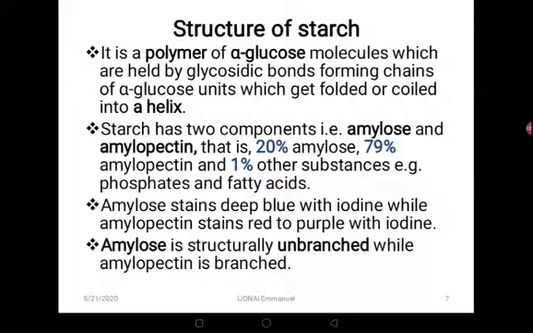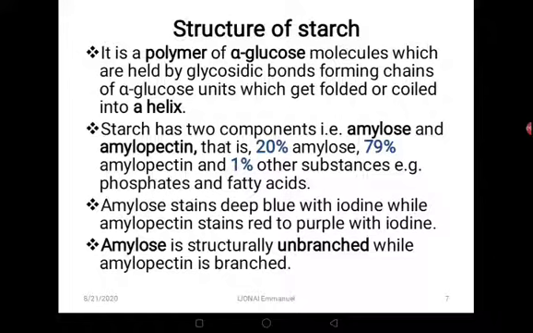And then other substances can be there. In case they are there, they form up to about 1%, for example, the phosphates and the fatty acids. So, in the structure of starch, we have two polymers. We have amylose, which is about 20%, and then amylopectin.